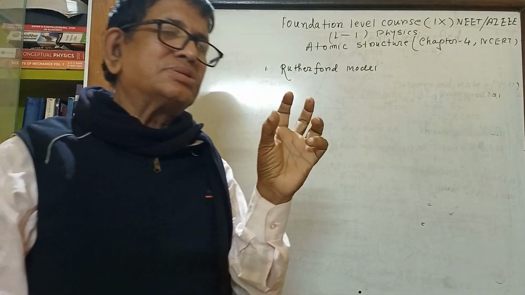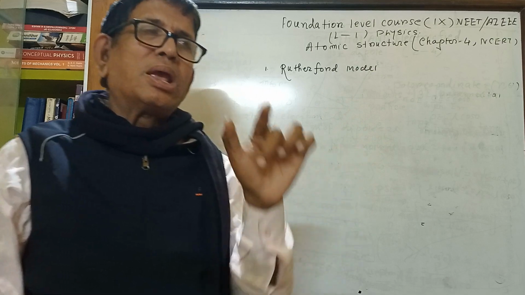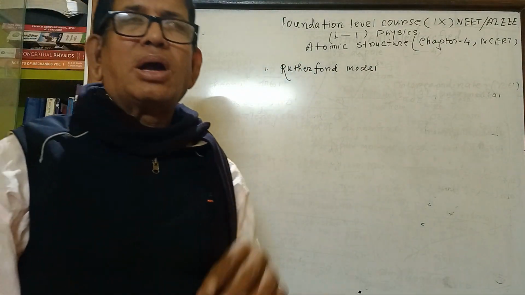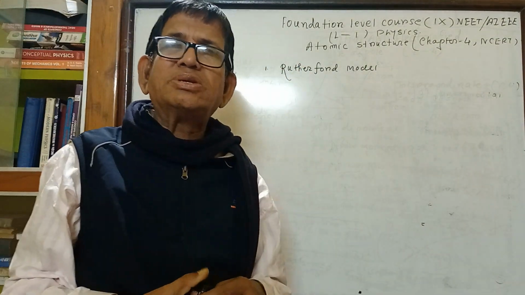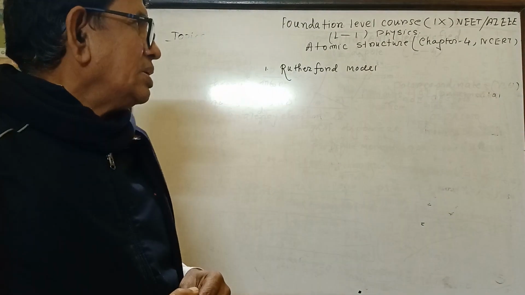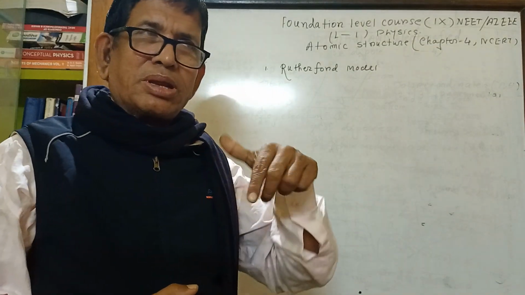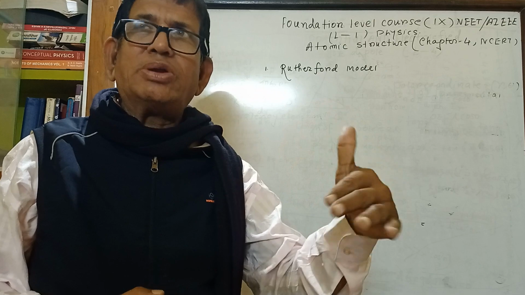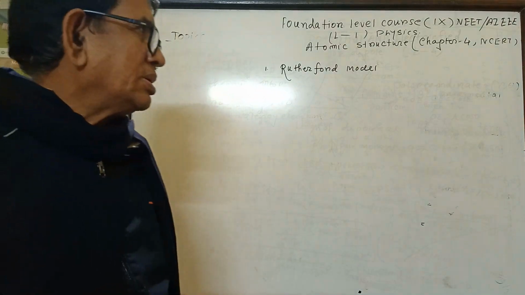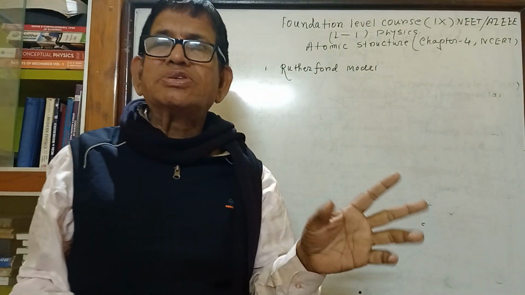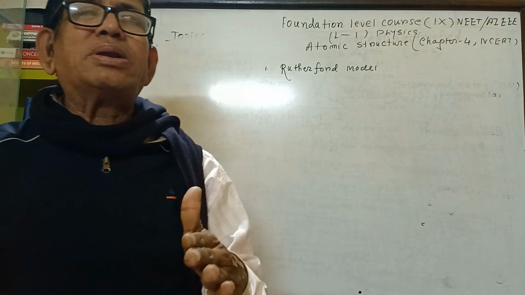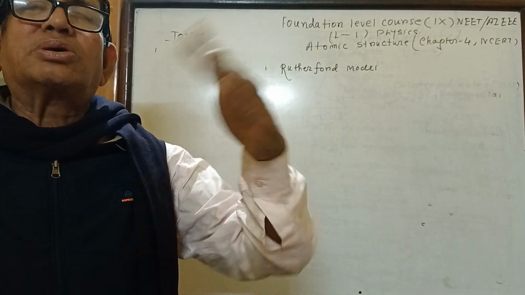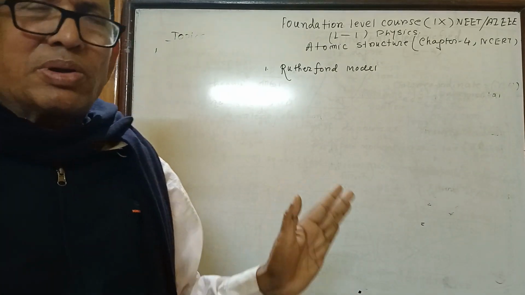The sun is the center of the solar system and all planets move in different orbits. Rutherford's model can be compared to that. One basic difference is that in the solar system, one planet cannot jump from one orbit to another, but in the Rutherford model, I will come to that later.